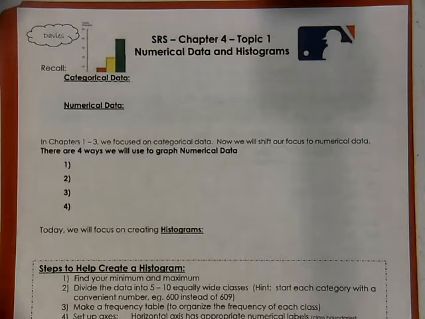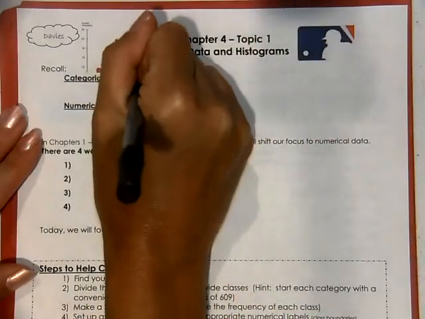What's the difference between categorical and numerical data? First off, categorical data is when the outcomes fall into categories and are described with words.